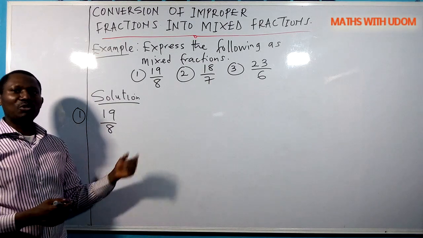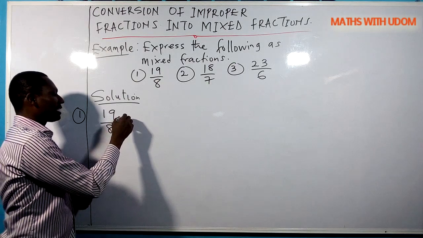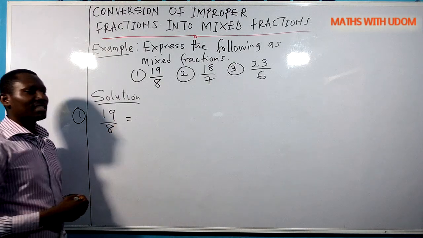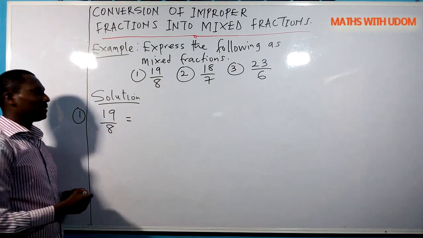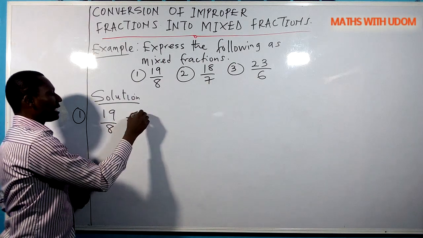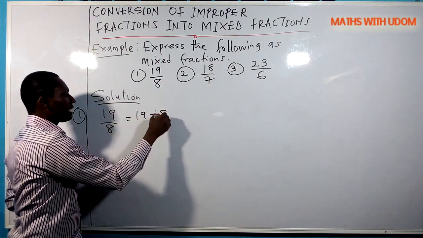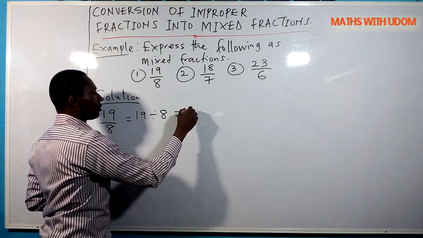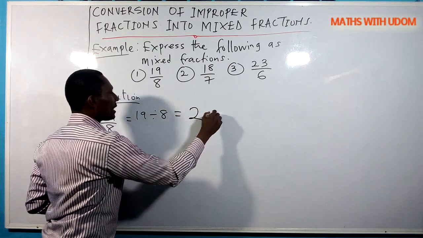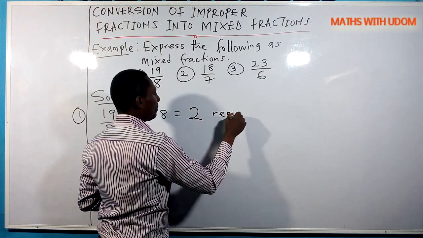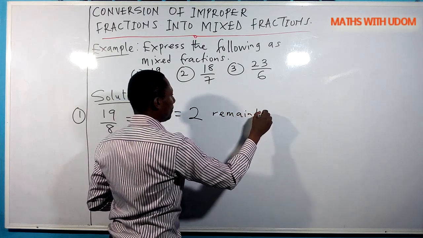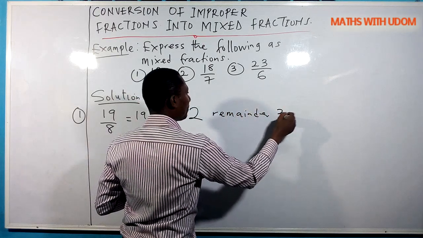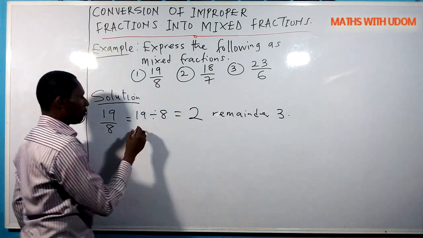Remember, 8 times 2 is 16. So 19 divided by 8 will give us 2, remainder 3.